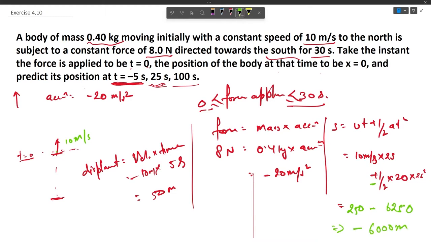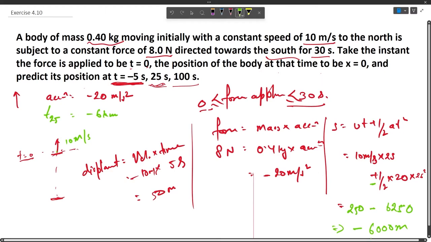So at time t equals 25 seconds, the position would be minus 6 kilometers, in the backward direction. Now let us find out for t equals 100 seconds. We have the data here, so we can erase it a little bit.